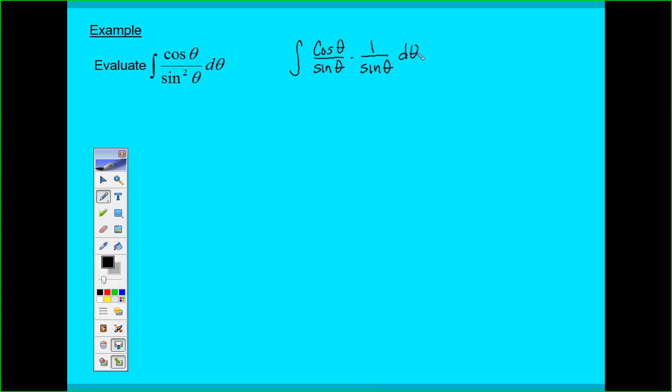And the reason I did this was to rewrite using some trig identities. This would be cotangent theta, and this would be cosecant theta. And if we checked our table of integrals, we would see that this equals negative cosecant of theta plus our constant of integration.